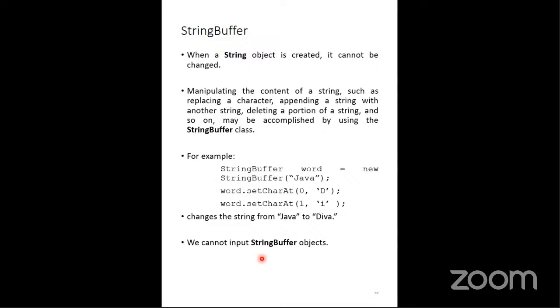You cannot read a StringBuffer directly. It means that if you want to read into a StringBuffer, you have to first read a String object from the user, and then convert it into a StringBuffer using the constructor of the StringBuffer class. It is not possible to directly input a StringBuffer object from the user. That is a kind of restriction in Java.